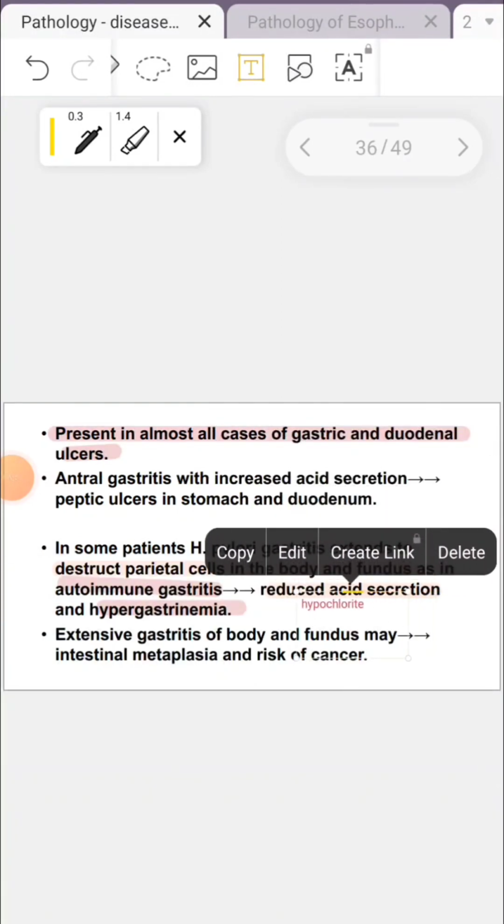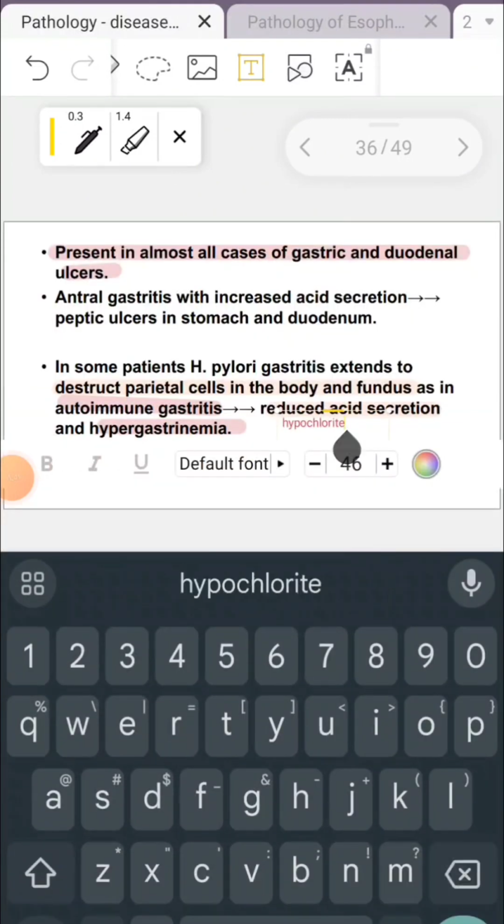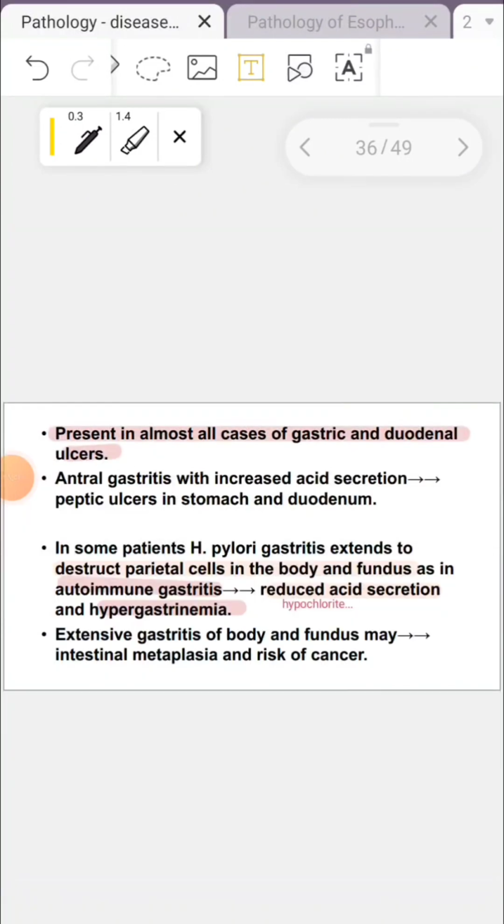Because of the diminished level of HCl within the gastric environment, so there is stimulation of G cells in the antrum. These G cells secrete gastrin to stimulate the parietal cells to secrete more acid, and there will be rebound acidity. Extensive gastritis of the body and fundus may lead to intestinal metaplasia and risk of cancer.